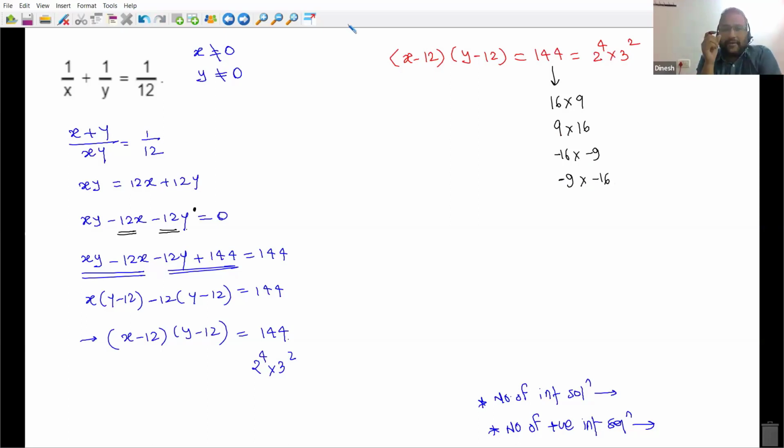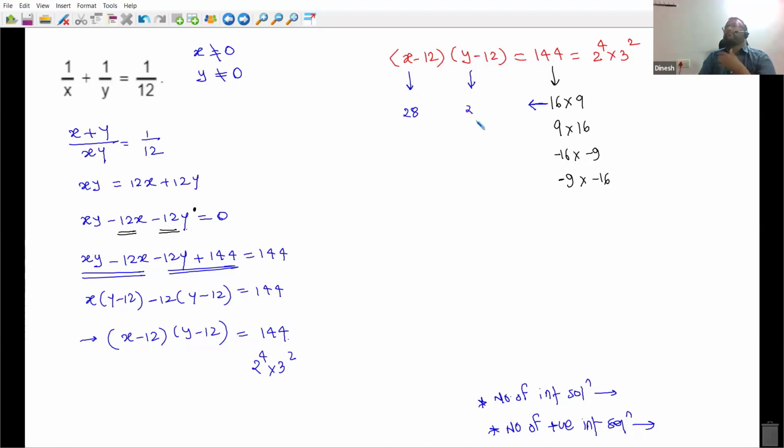First understand how we get the solutions over here. So tell me, when we write 16 into 9, what solution we get? What are the values of x and y? Solutions means what are the values of x and y. When we write 16 into 9, it means first bracket is 16, second bracket is 9. So x is equal to 28 and y is equal to 21.